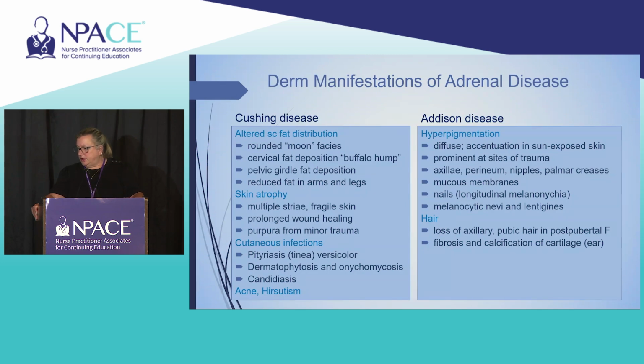Addison's disease, which will develop from adrenal insufficiency resulting in low cortisol and aldosterone levels, will cause that unusual dusky diffuse hyperpigmentation. But also curiously, there's a loss of axillary and pubic hair in Addison's patients as well.